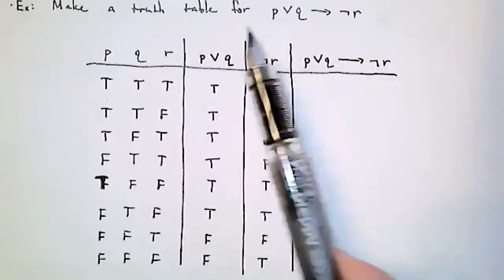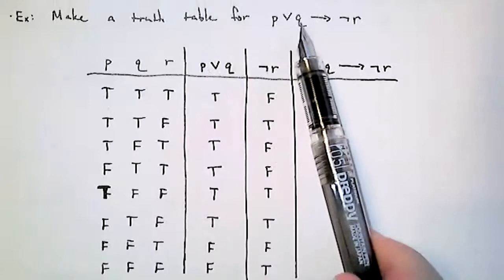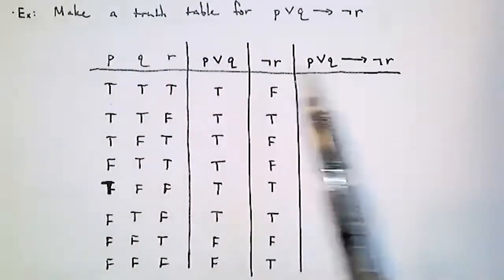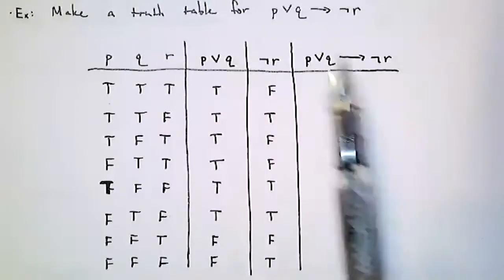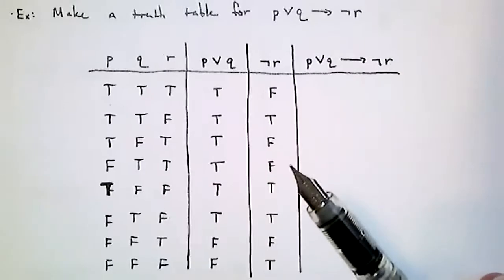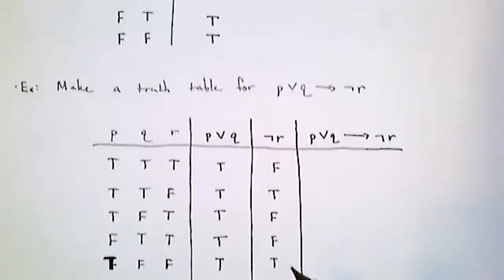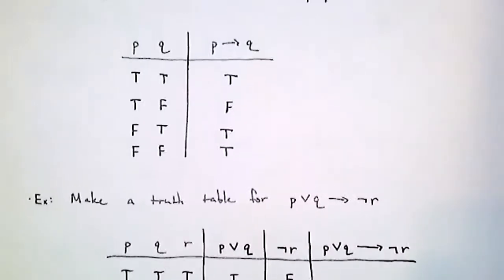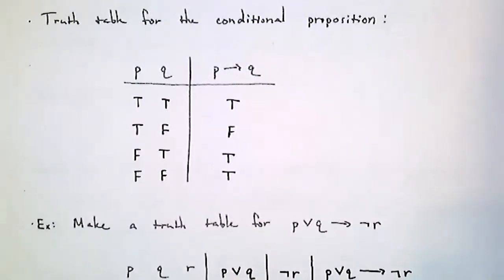Okay, so now that I have the truth values for my two simpler parts, we start with the simplest, then get a little more complex, and then put everything together. Now I'm going to look at the overall statement. We have to think back to the table for the conditional.